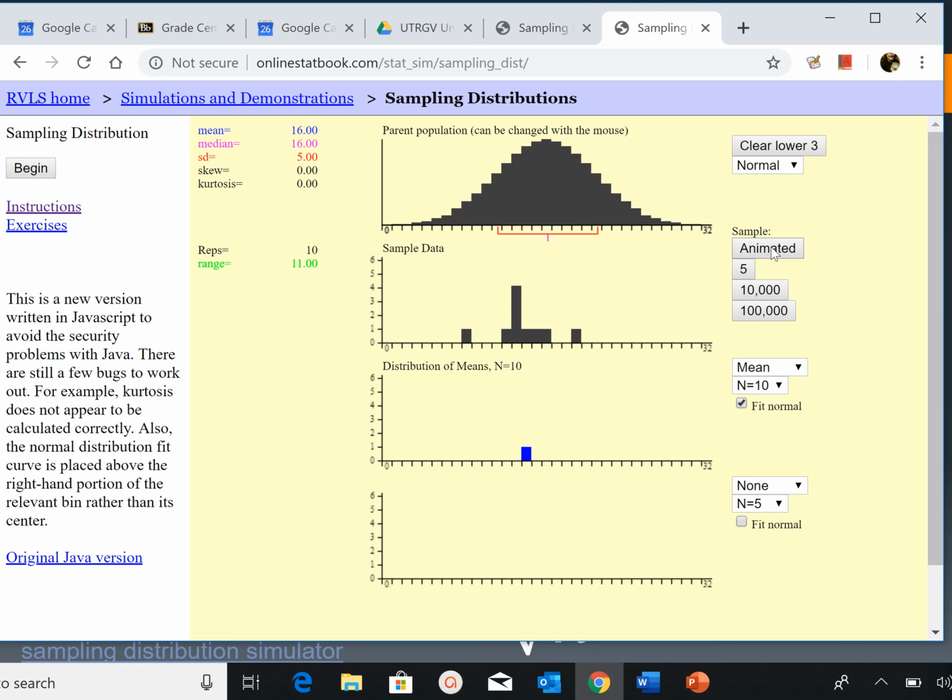And you see it's not exactly right on, because the population mean is 16 and this sample mean was a bit lower. Let's go ahead and do it again and plop down the mean.